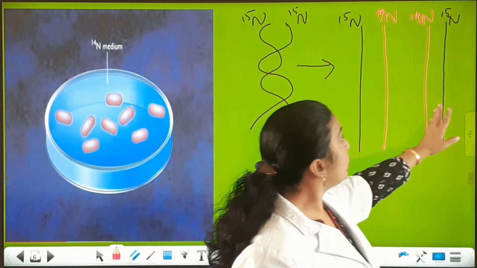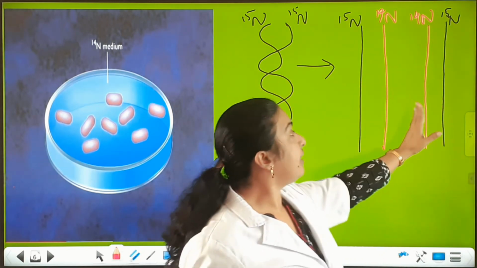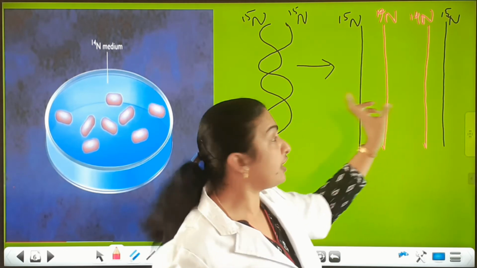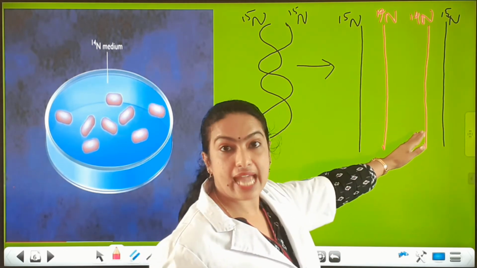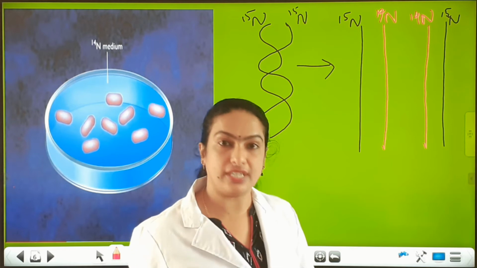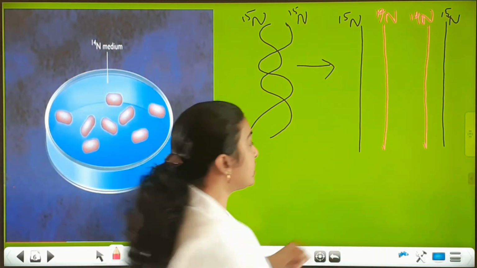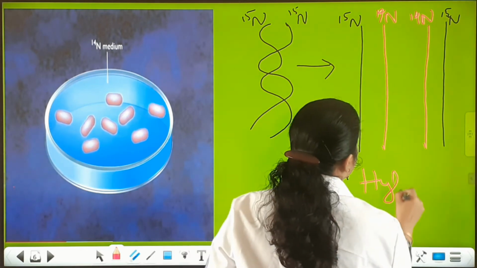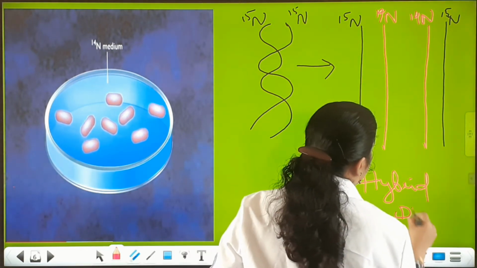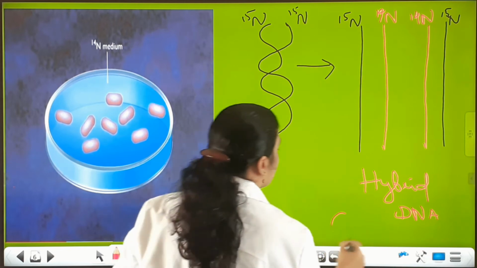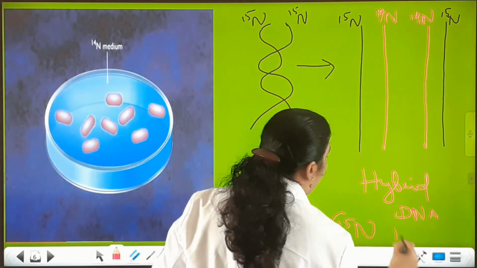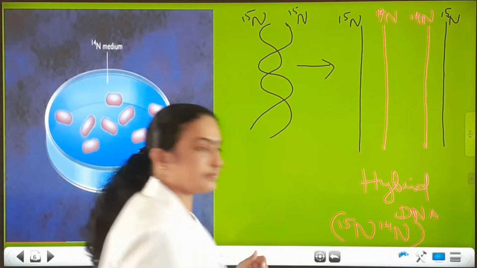And the other strand also got separated, then formed a new strand, and that new strand is having light nitrogen containing DNA strand. And this DNA is called a hybrid DNA. Why is this called a hybrid DNA? Because it contains N15 and N14.